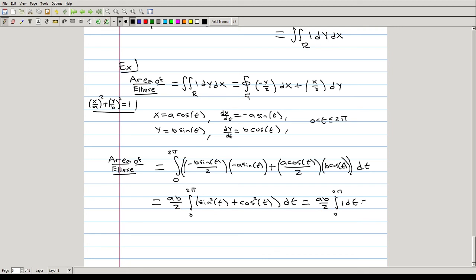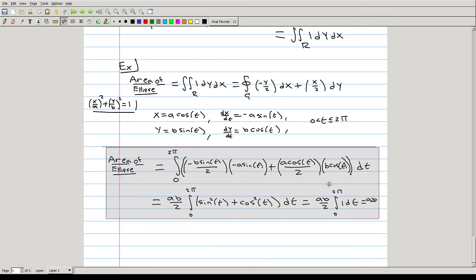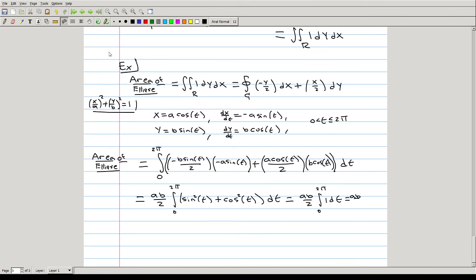And when we plug into this, this becomes ab over 2 multiplied by 2 pi. And so our final value for the area of the ellipse is just equal to pi times a times b.